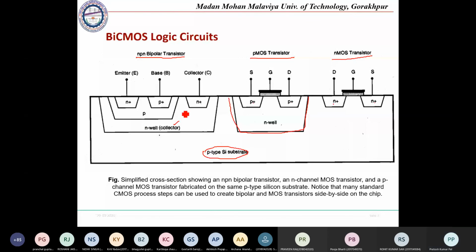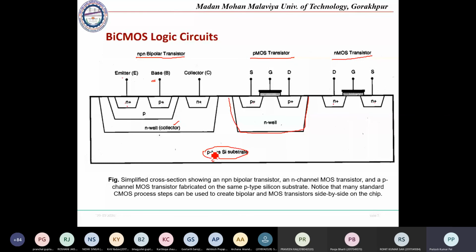And in that NVEL we will have a P-type region, into which N plus and P plus will be deposited. This N plus will be the emitter and P plus will be your base. So this is how the fabrication of different transistors can be done on a single P-type substrate.